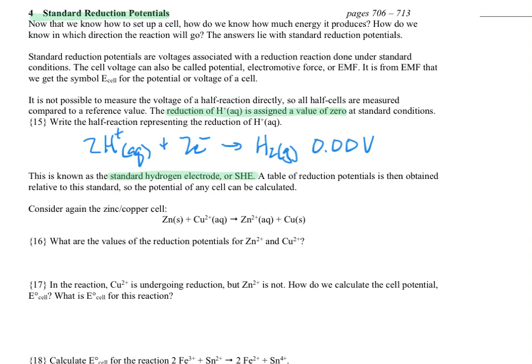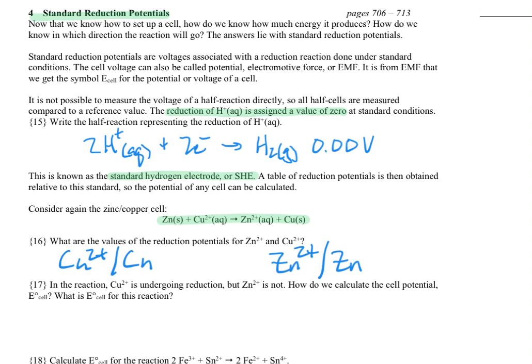And what I'm talking about is we want to calculate the cell potential for this reaction here that you saw in the previous video. So what we need to do in order to get this value is we have to track down the potential for copper 2 to form elemental copper, and we're also going to look up the potential for zinc 2 forming elemental zinc.